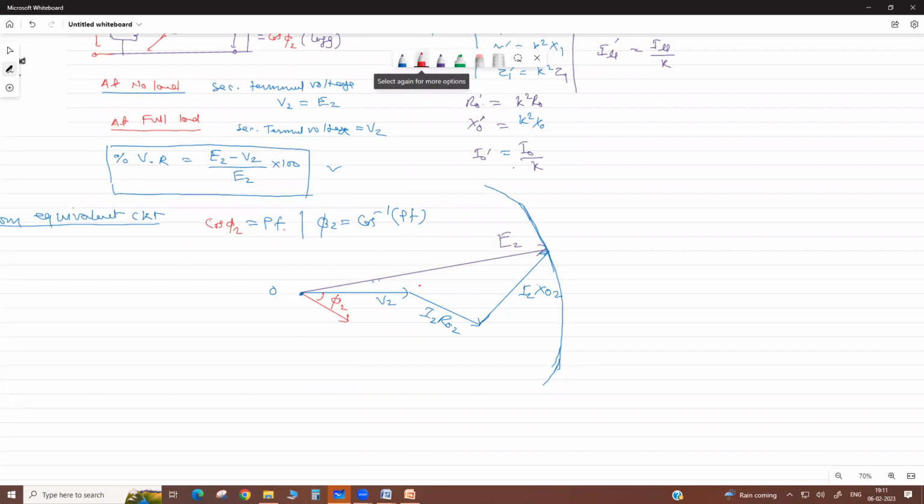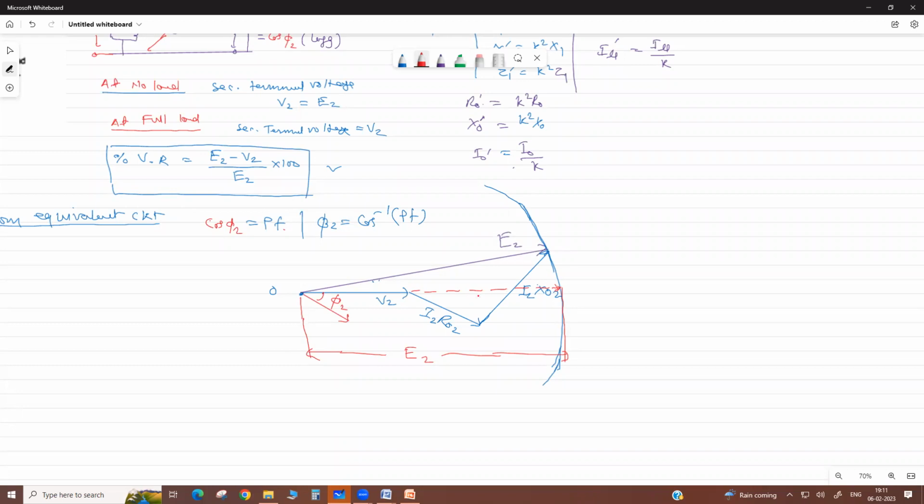So we extend this vector up to here. This total length also gives you E2, correct?